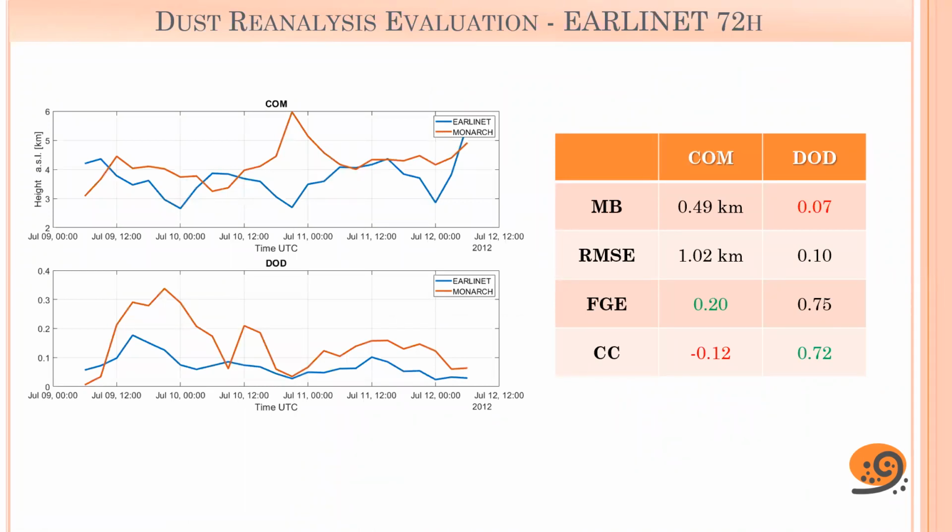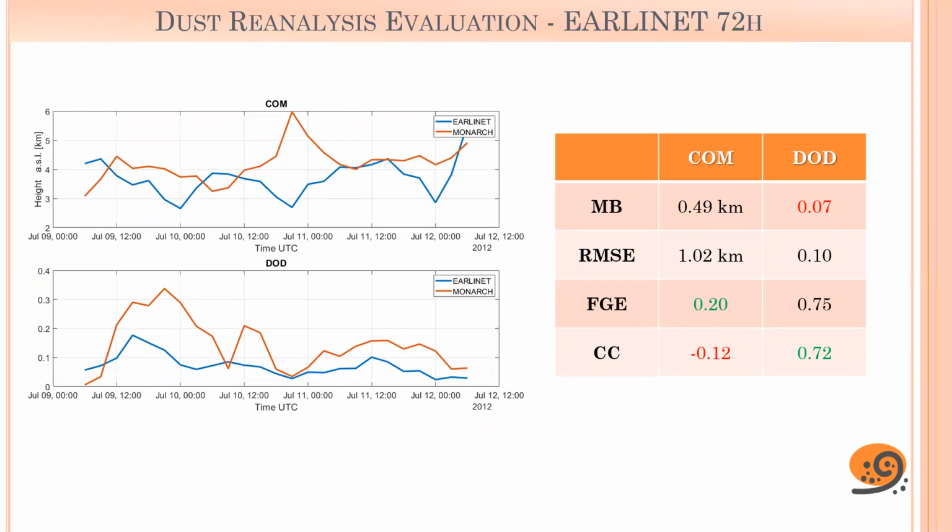For the same case, we computed the center of mass and the DOD for each profile, obtaining a time series for each parameter. The center of mass comparison shows that the reanalysis fails to reproduce the temporal evolution of the center of mass, which according to the EarlyNet measurements is subject to a daily cycle, giving a negative correlation coefficient.